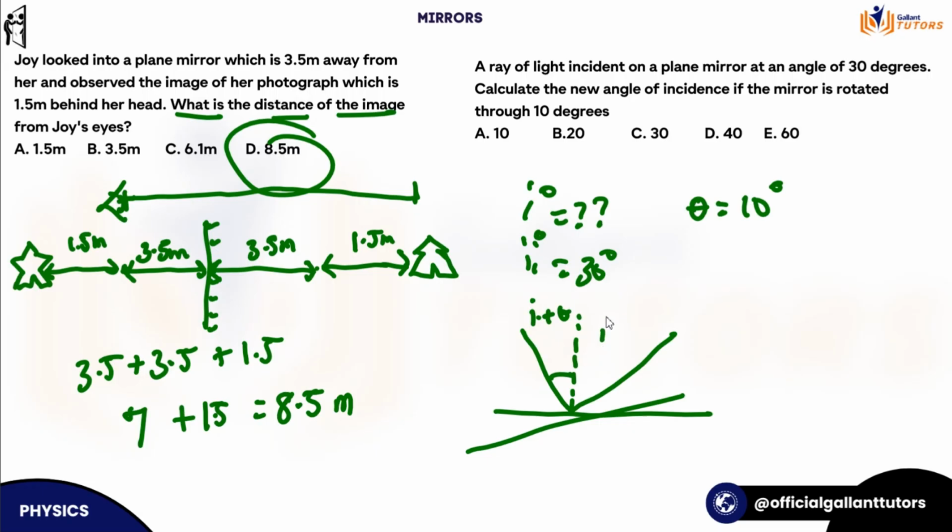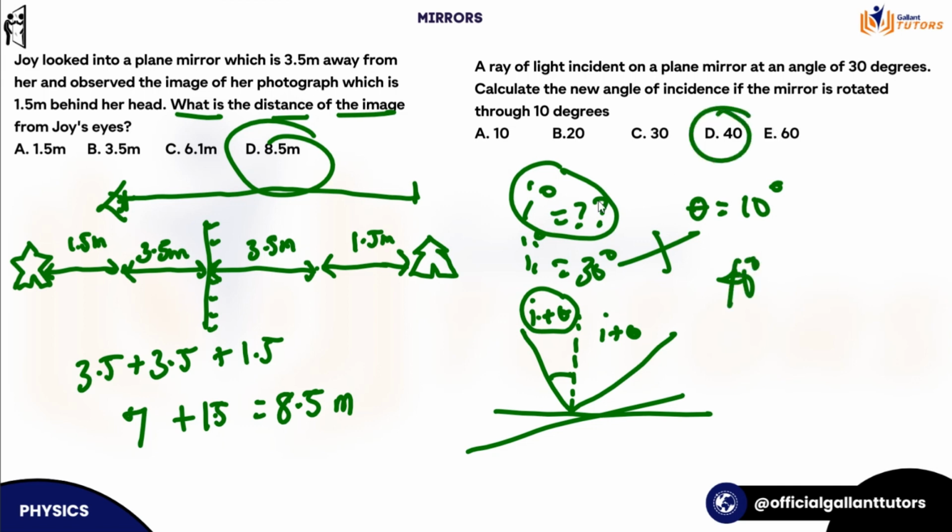Why do we call it I plus theta? Do you get it? So this particular part is what we have been asked. All you have to do is add these two together and you get the answer, which is 40 degrees. D is the correct answer. I hope this is clear enough.